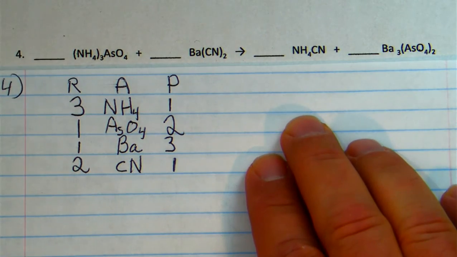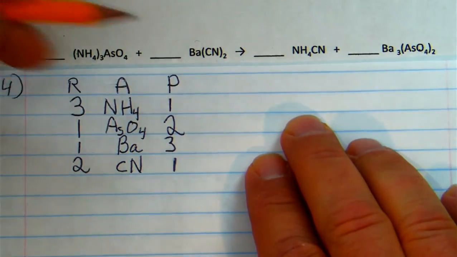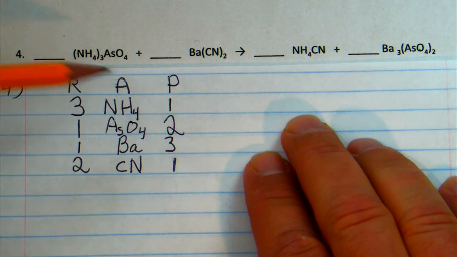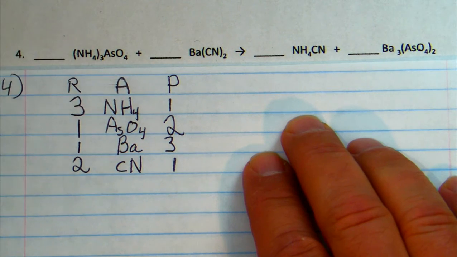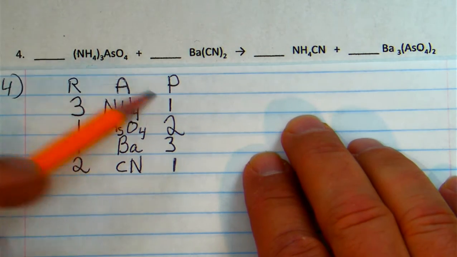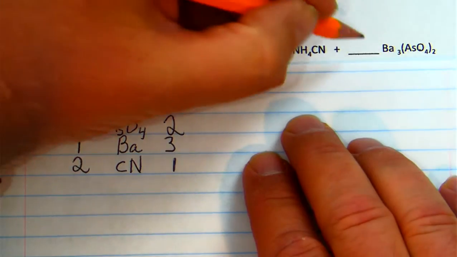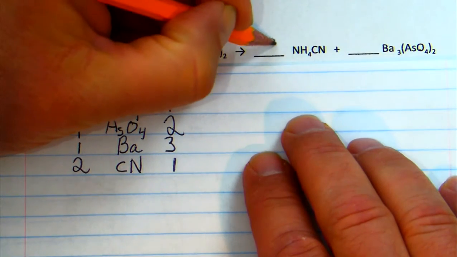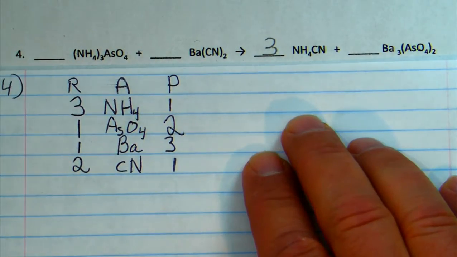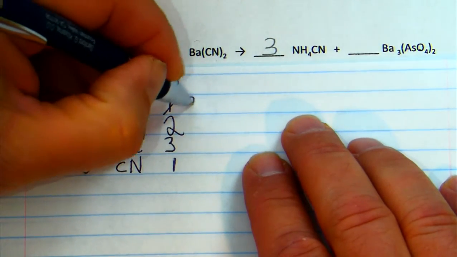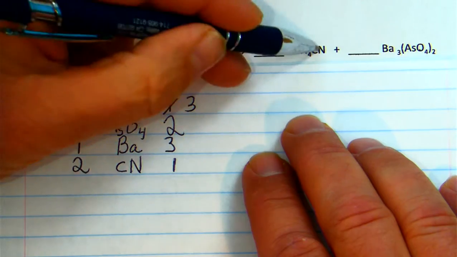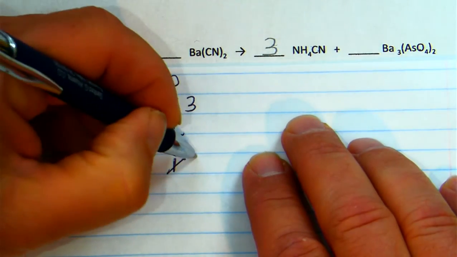I can only increase the coefficients above the ones that we start off with. How about if I triple the ammoniums for starters? So on the product side, how about if I try 3 ammoniums? Updating my rap sheet, that means I now have 3 ammoniums on the right, and I have 3 cyanides on the right as well.